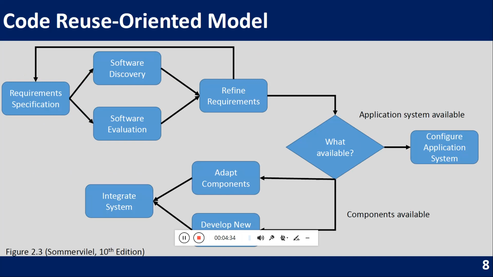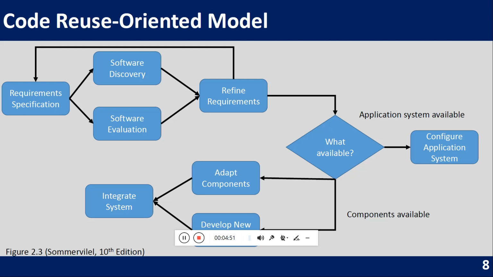So after building the intuition about that, we need to understand why it is reuse-oriented, what the formal definition of reuse is, and the formal procedure of the reuse-oriented model.